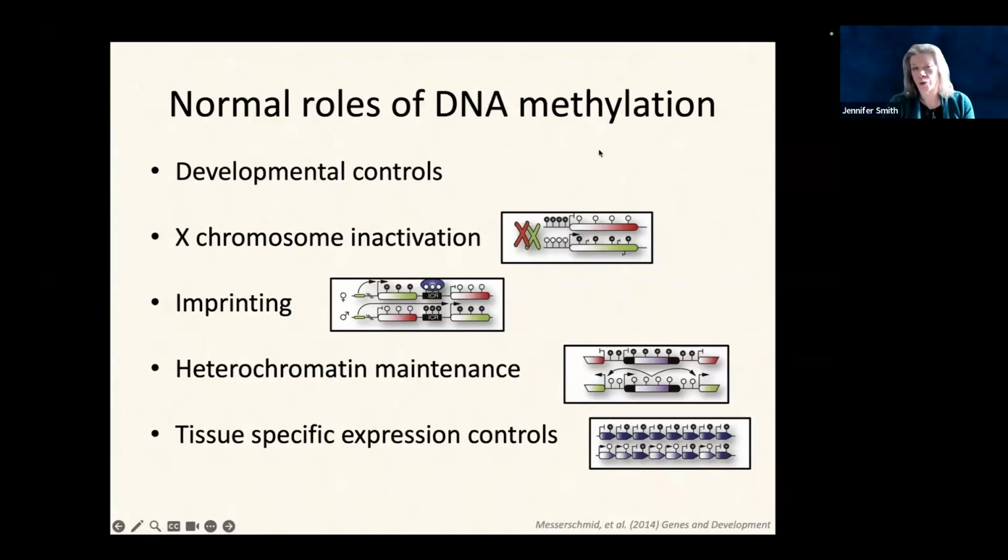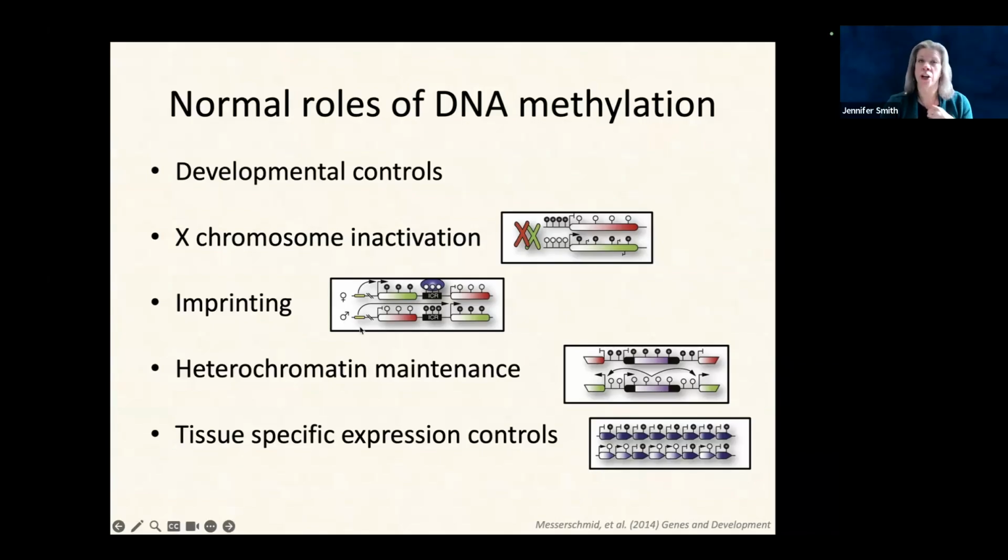There are a lot of normal roles of DNA methylation in the cell. They help control development. They actually inactivate the X chromosome. So remember, in females, you have two copies of the X chromosome, and usually we only need the dosage of genes from one of them, and so one of them is randomly deactivated. That's done by methylation.